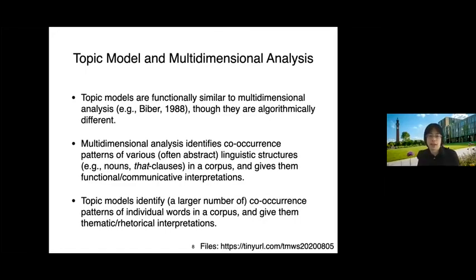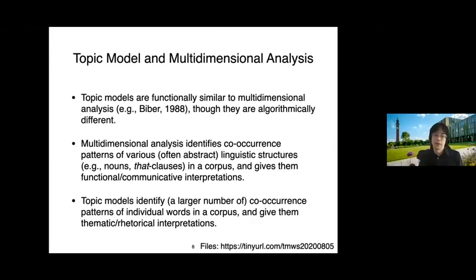And then topic models give thematic or rhetorical interpretations. The difference in the interpretation comes from the fact that topic models look at individual words, so they are like content words, for example. Usually they exclude function words.